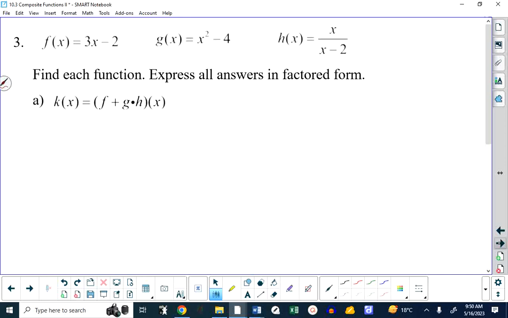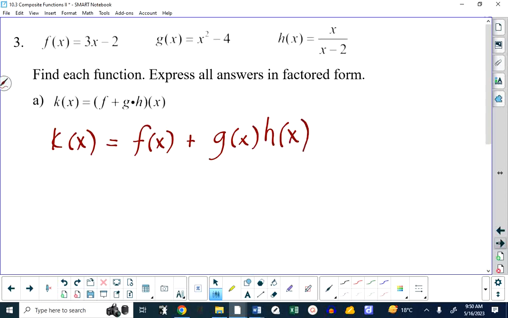Well, order of operations says we multiply before we add, so k of x is equal to f of x plus g of x times h of x. The first level in being successful in this question is understanding that's what it's asking you to do. The second level is actually doing it.